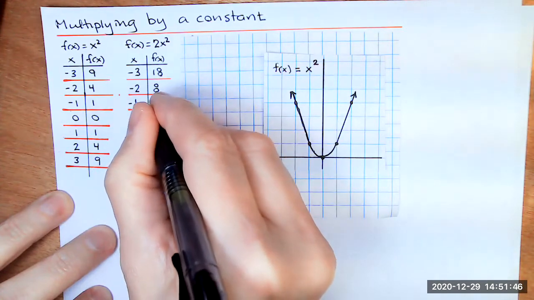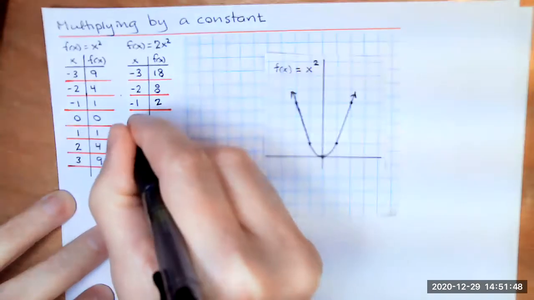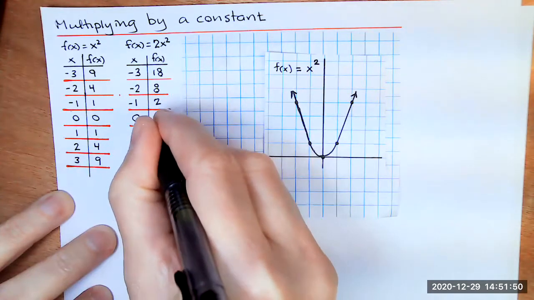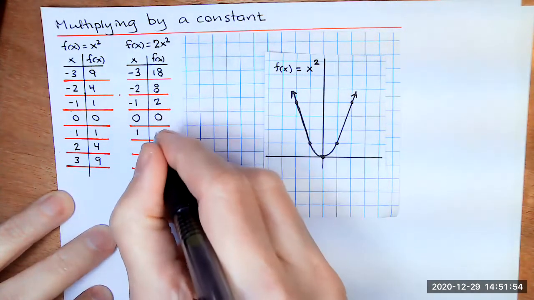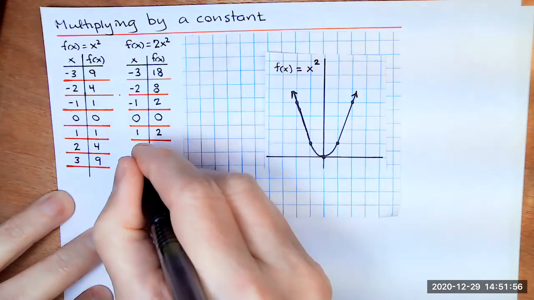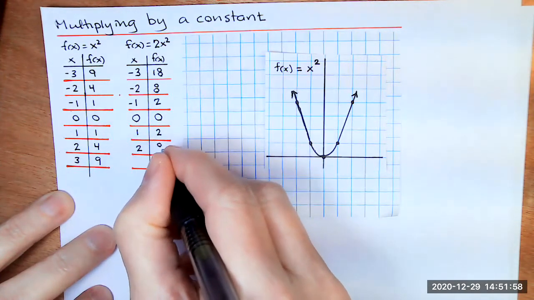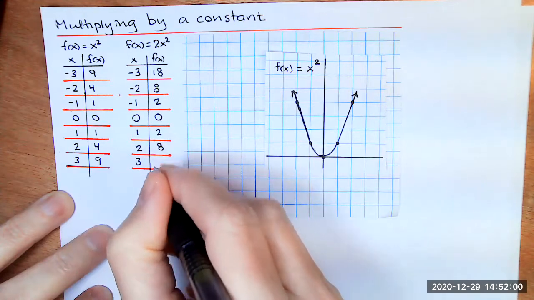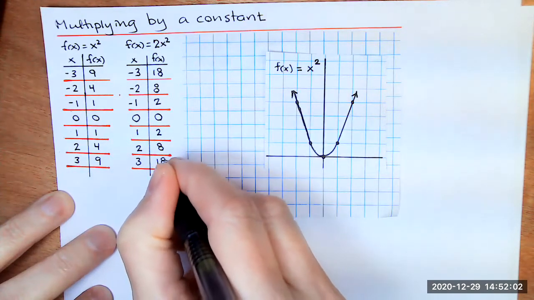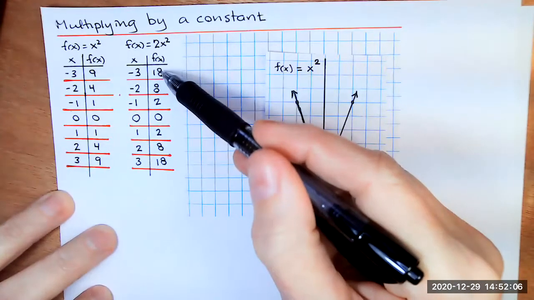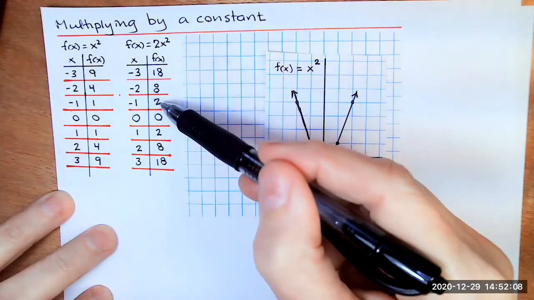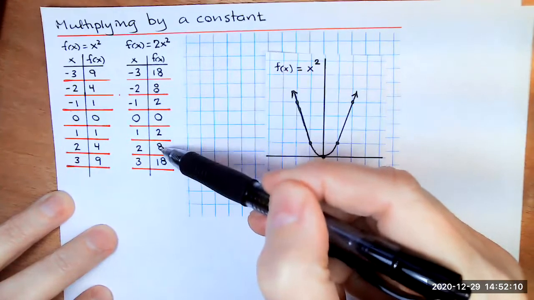Multiply that by 2. 0 squared is 0 times 2. So basically, all of the y values are twice as tall.